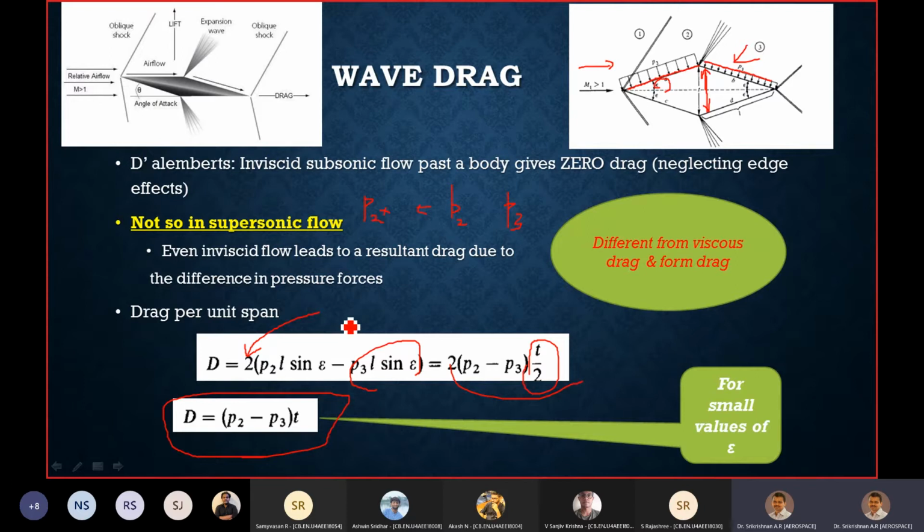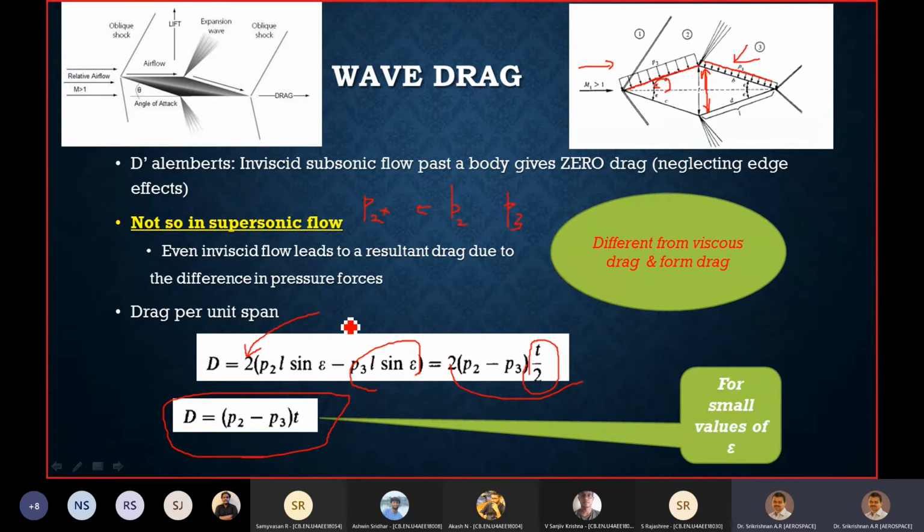So that 2 cancels with the T by 2, and we have a simple expression: the resultant wave drag D is equal to P2 minus P3 into T, for a symmetric thin diamond-shaped airfoil in supersonic flow.